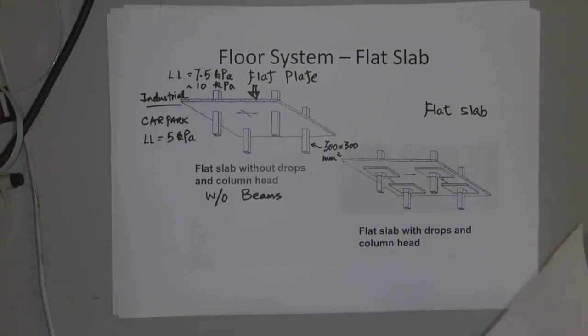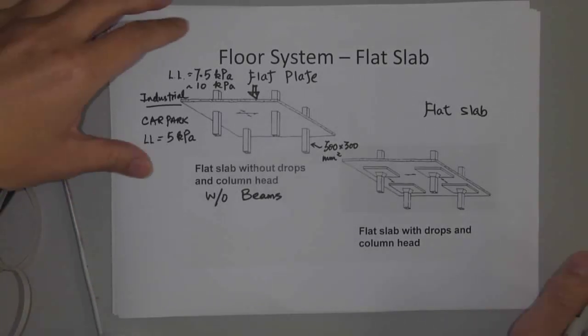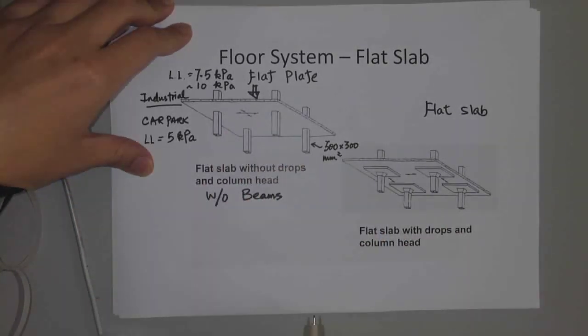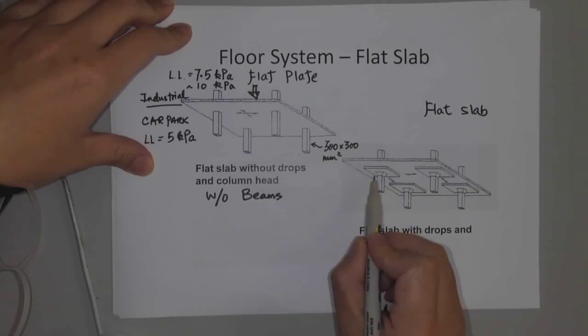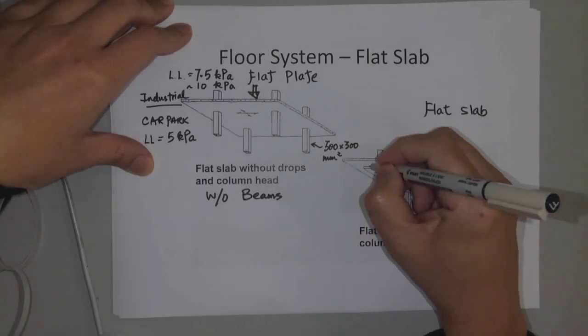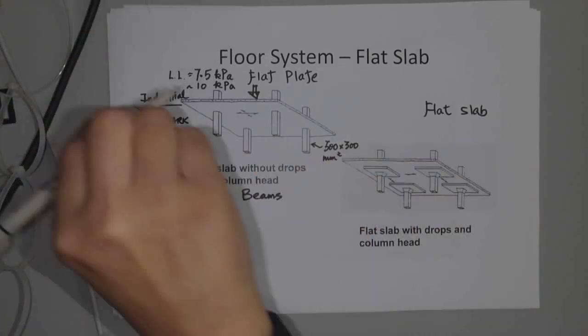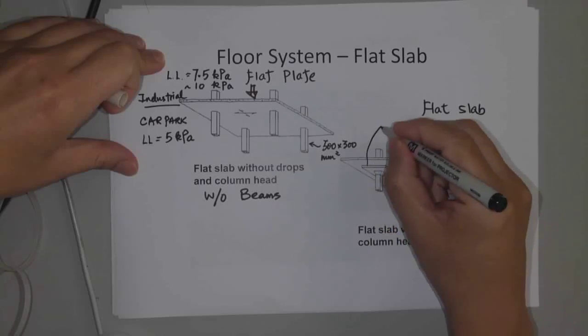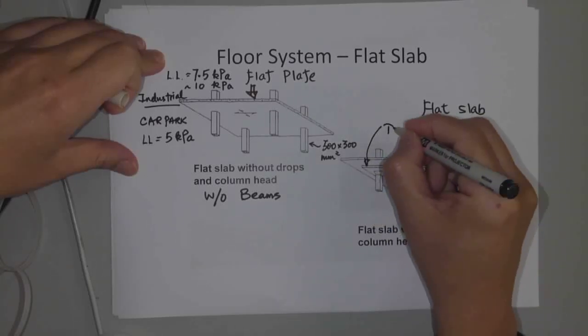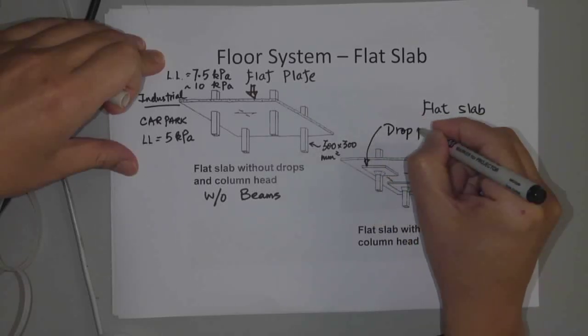if you look at the slide there, instead of making the whole slab thicker, why don't we just make the slab a little bit thicker around this area? So that's why you see on your slide, you have this drop panel.